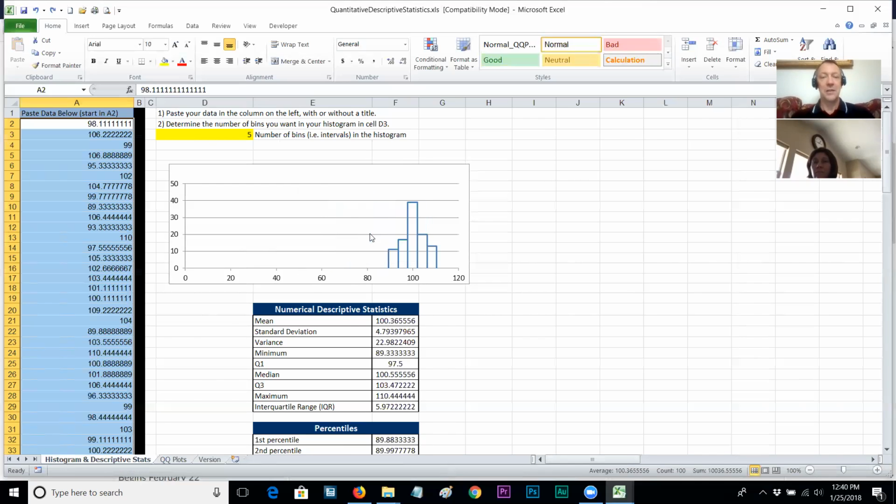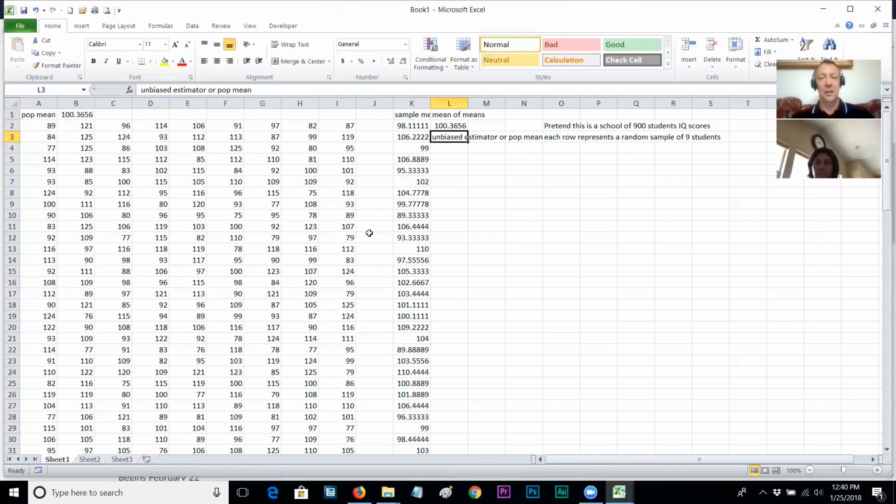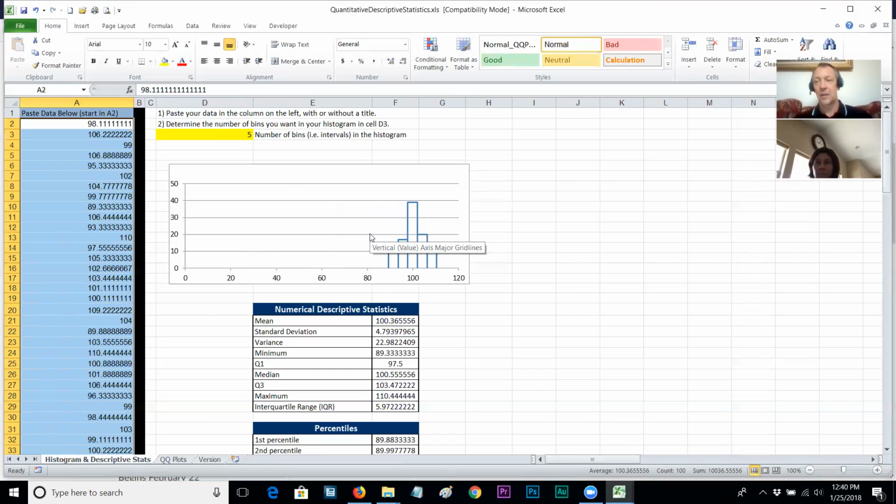But then when I pasted my means, it became a bell curve. What's fantastic about the central limit theorem is that when you're worrying about the means, it will always form a normal distribution, and it will be an unbiased estimator of the population mean if your sample size is large enough.